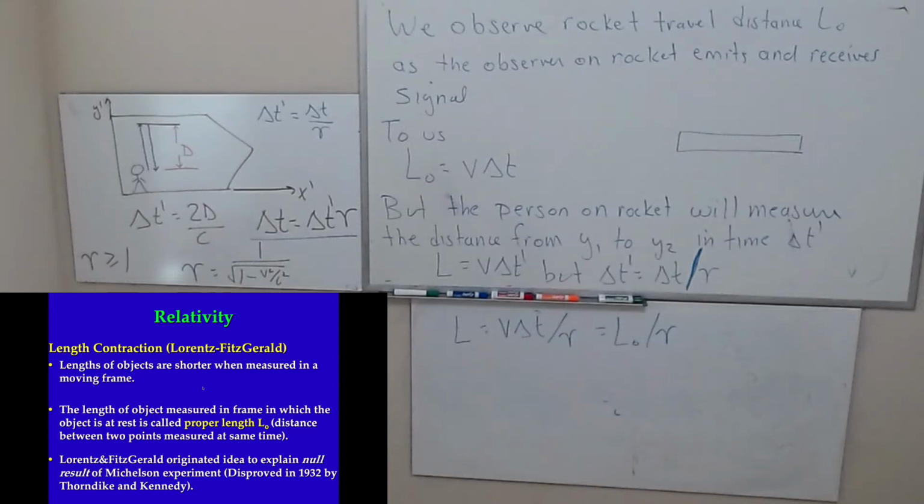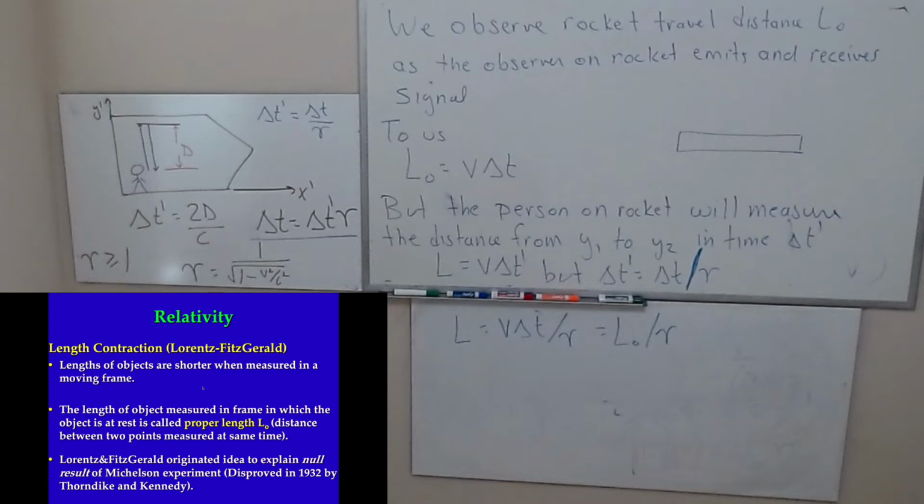In other words, when you measure the length of an object, you're locating its endpoints at the same time. You really can't do that when you're moving. So we define the proper length as when you measure the location of the endpoints of the object at the same time.